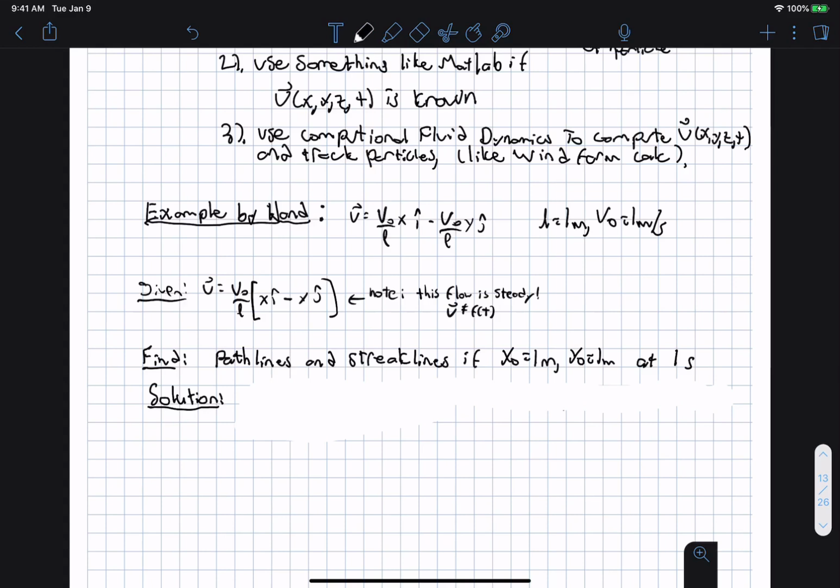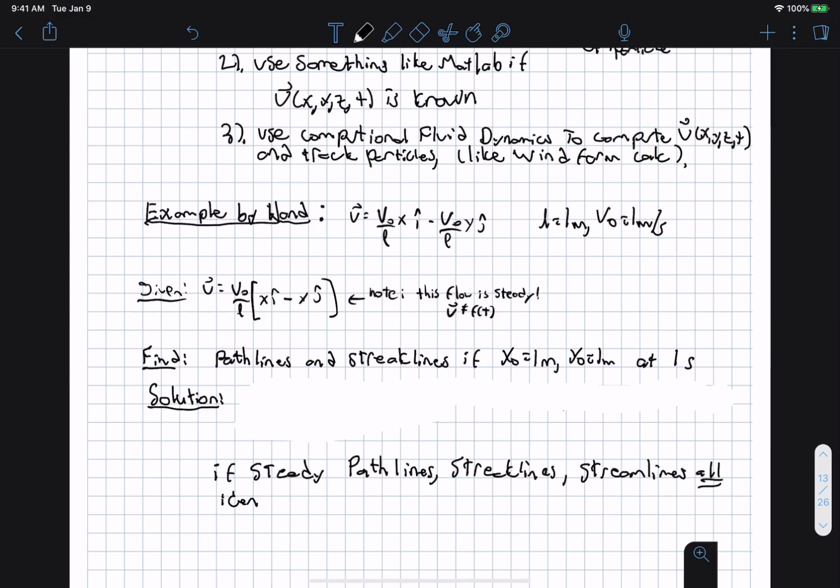So if steady, pathlines, streaklines, and streamlines are all identical. If I really wanted to, I could stop here, but I'm going to go through the motions as if they were all different, to show you that for the special case that the flow is steady, and only if it's steady, the pathlines, streaklines, and streamlines will all be the same.